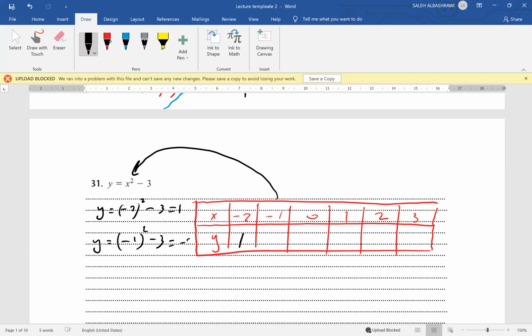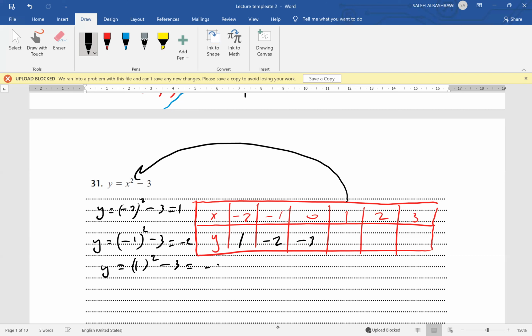That will give me minus 2. Now, if x equal to 0, replace x by 0, I will have y equal to minus 3. Now, if x equal to 1, 1 squared minus 3 will be minus 2.